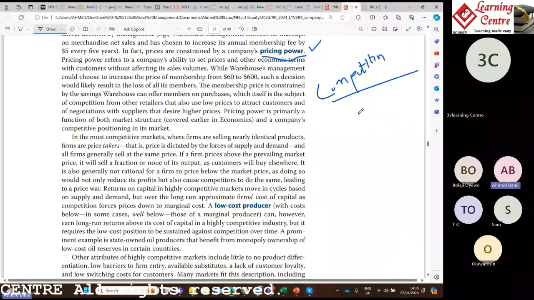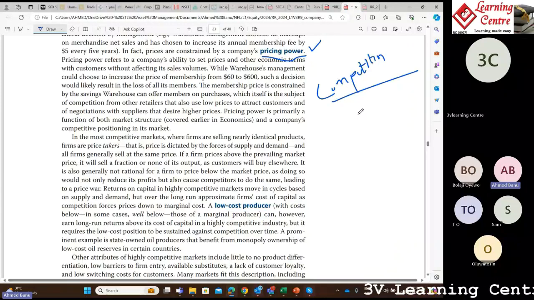And all firms generally sell at the same price, which is what happens with almost everybody selling fuel at the same price. I can imagine if they fully deregulate, a guy that sells maybe 5 kobo different from another person is where everybody will go and pile up.